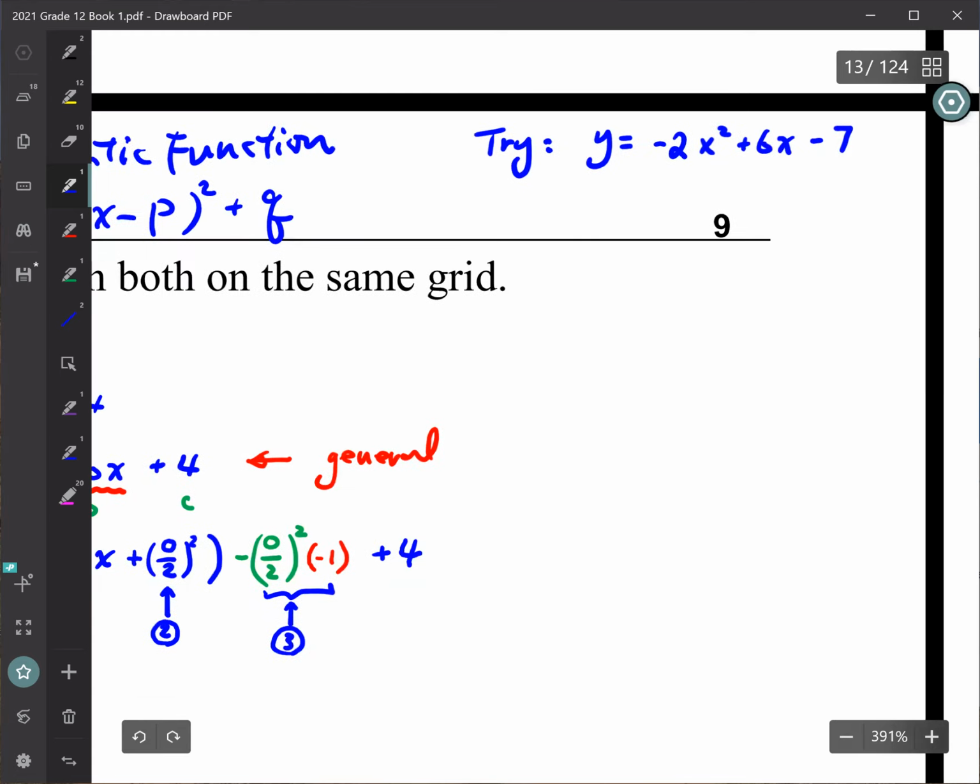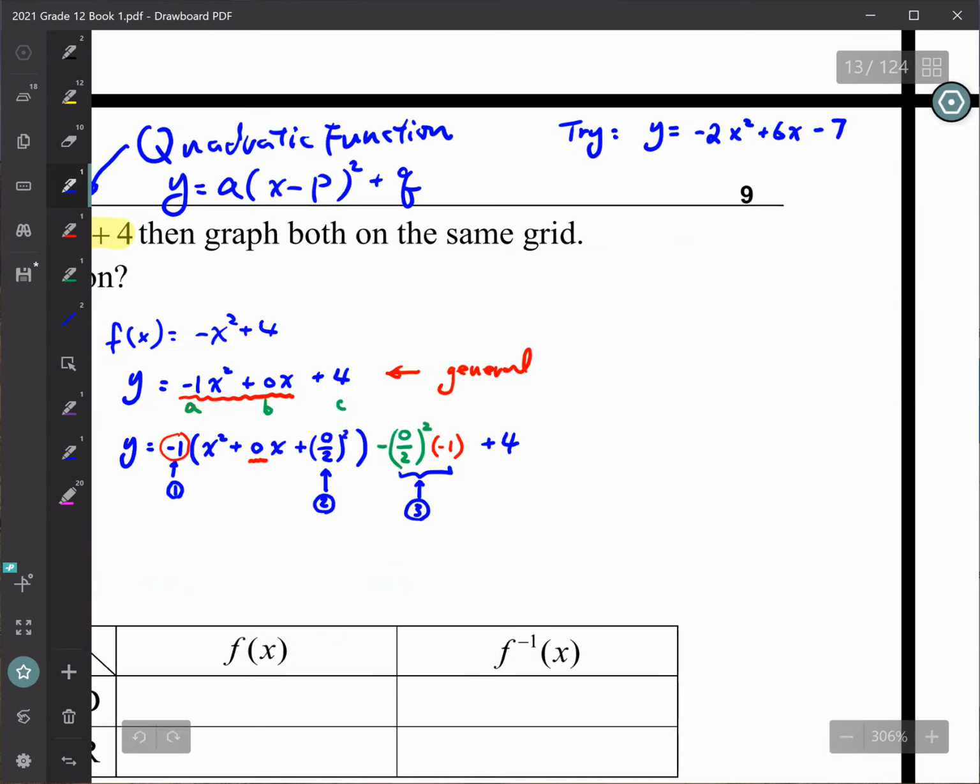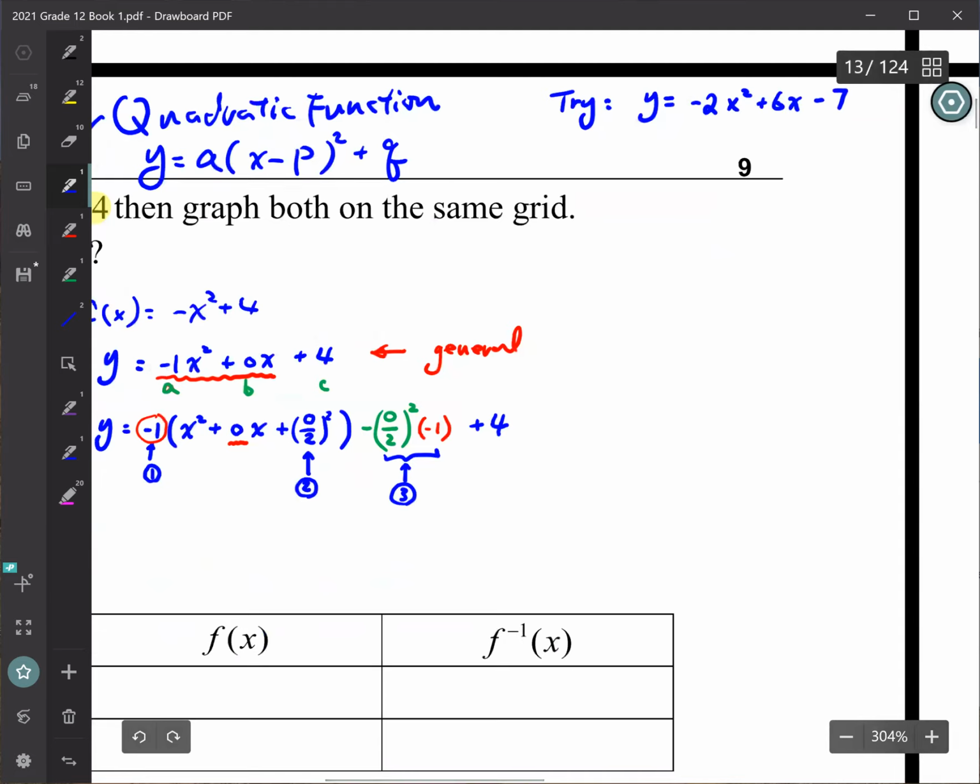I would like you to do the 3 steps that we just went over for that question, on the top right corner. Once you finish the 3 steps, you can raise your hand and we'll check your answers, okay?